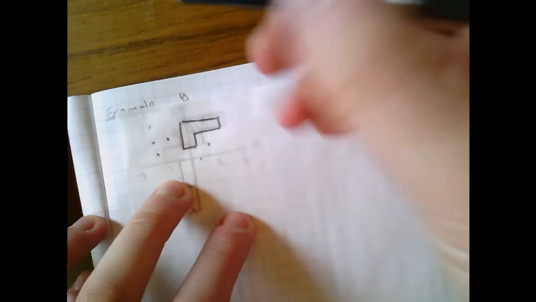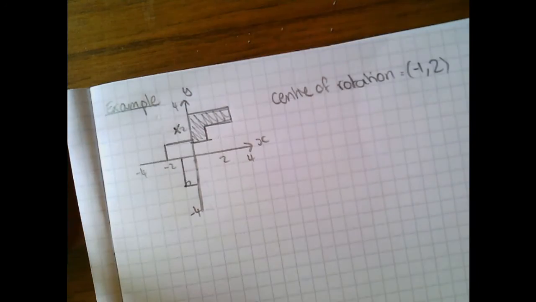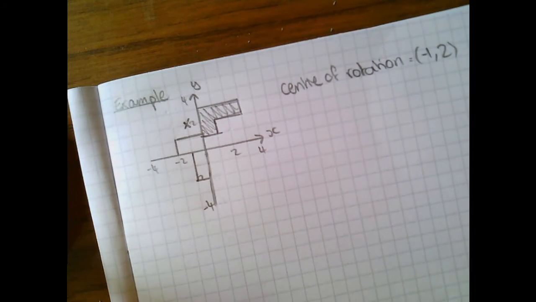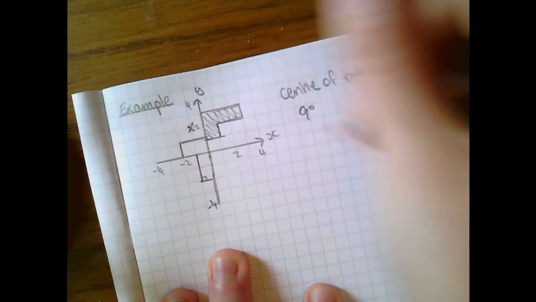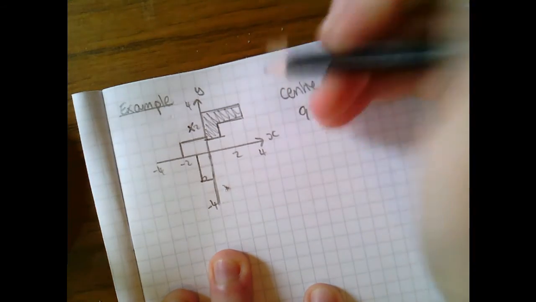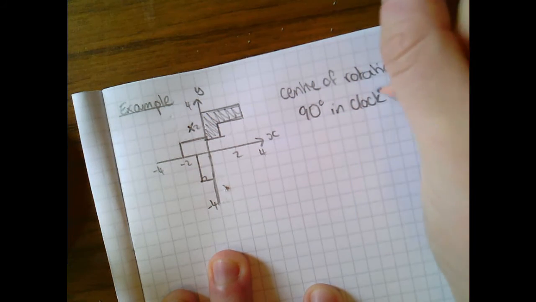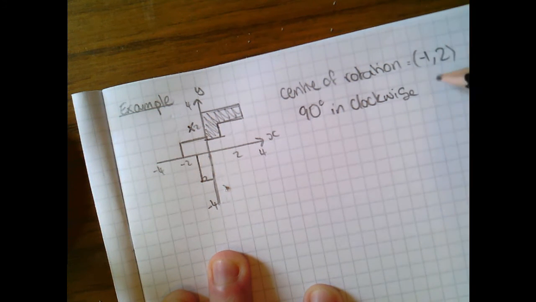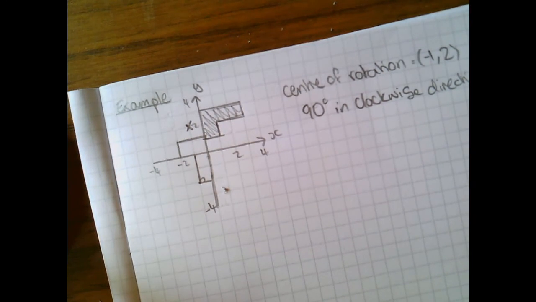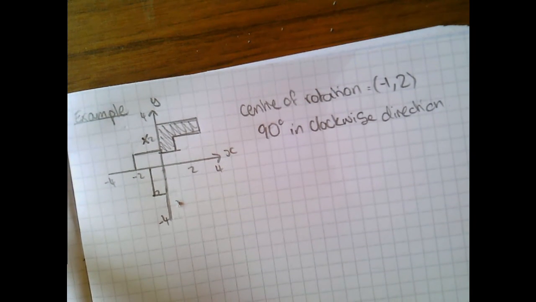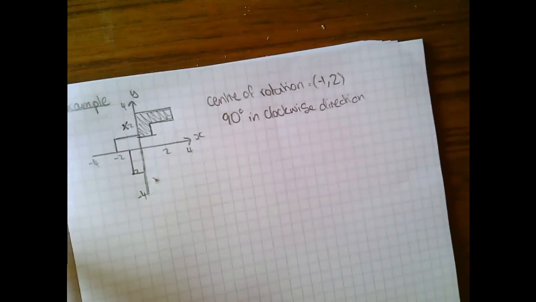I started here and I went 90 degrees in a clockwise direction. So I turned my pivot around 90 degrees in a clockwise direction. It's a bit of trial and error, but you can get there in the end.